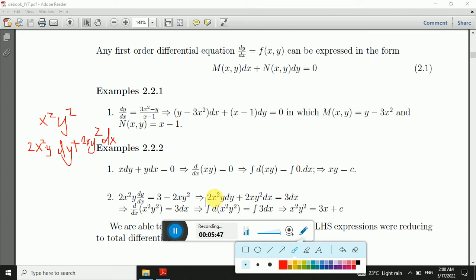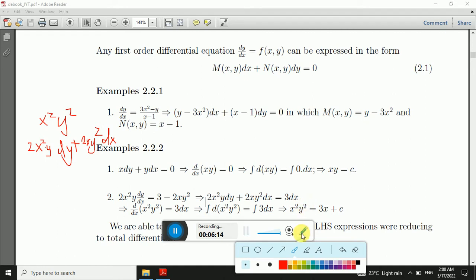So if you do away with the 3 and remain with this term on the left hand side, this term on the left hand side is simply d of x squared y squared. And then when you equate it to 3 dx and integrate both sides, you're going to end up with x squared y squared equaling to 3x plus a constant. Okay?